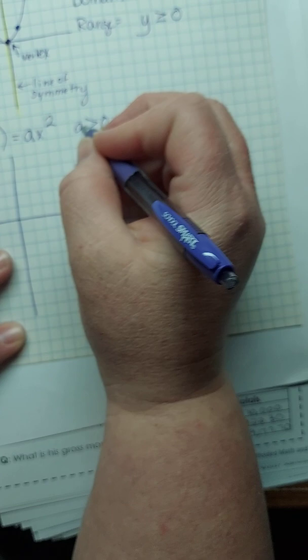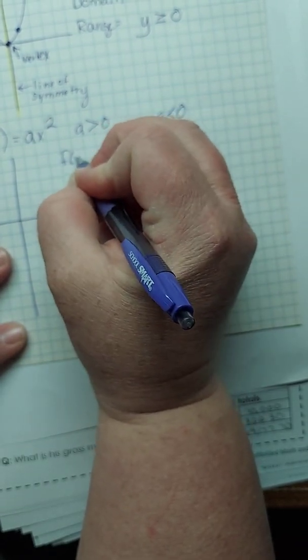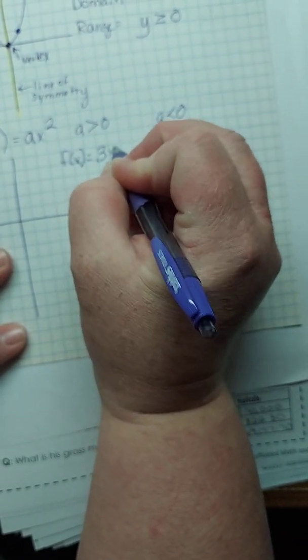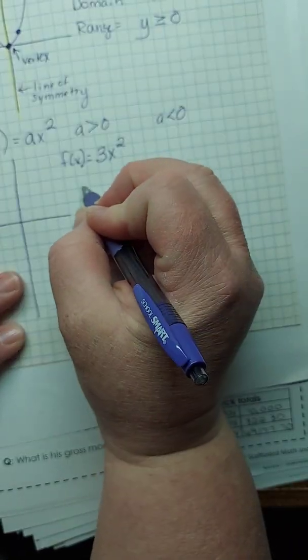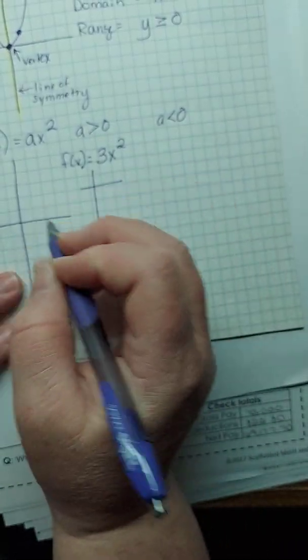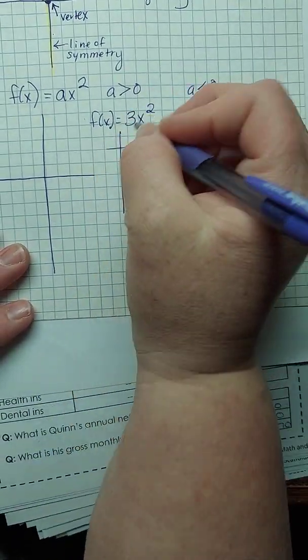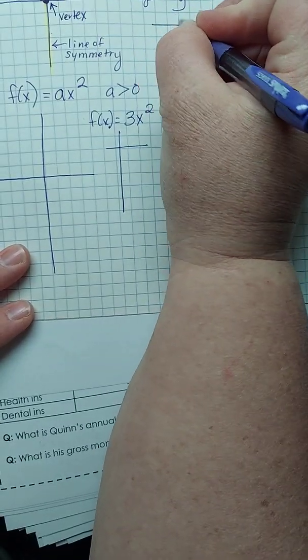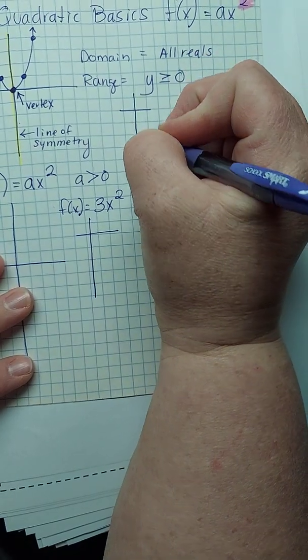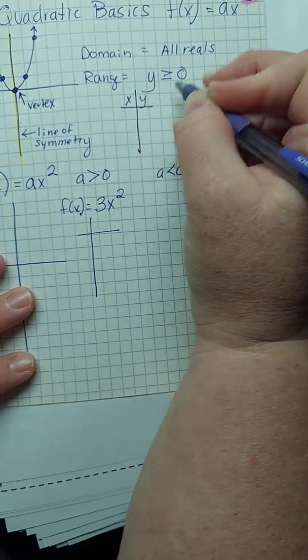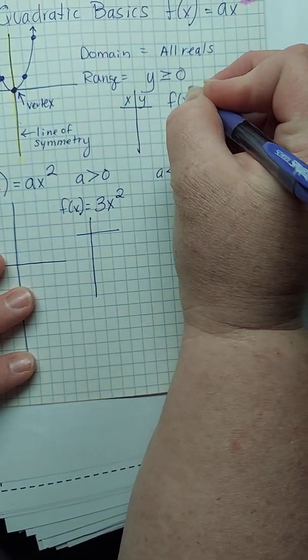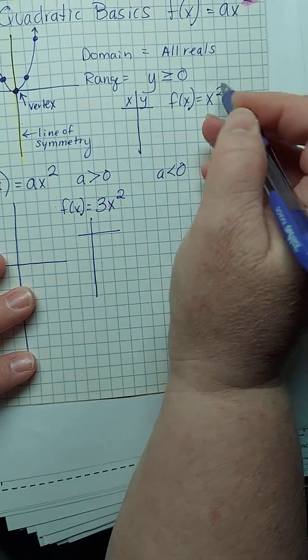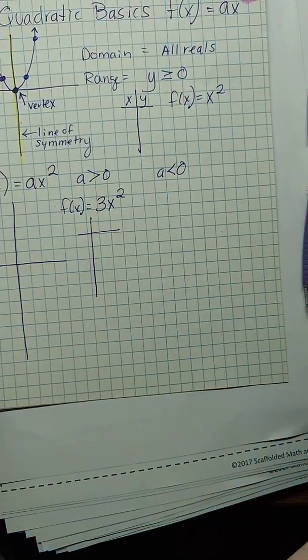If I just take f of x is equal to 3x squared, and we want to do a little t-chart, how I came up with these values, let's go back up here real quick. This would have been my t-chart for f of x equals x squared, just my plain Jane parent function.